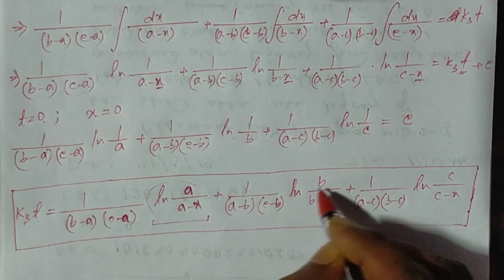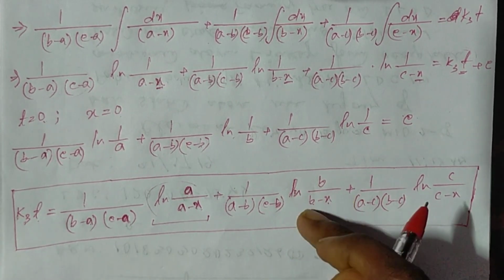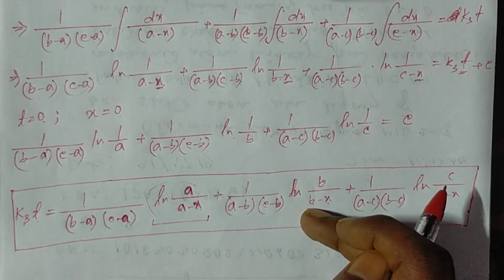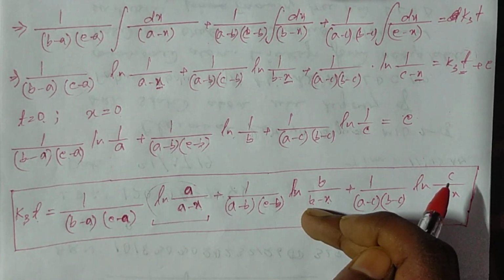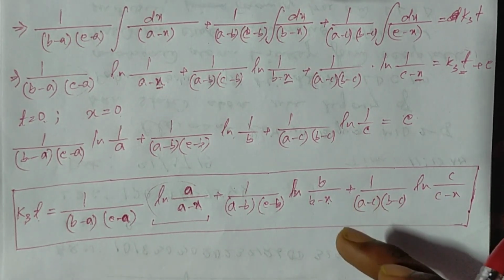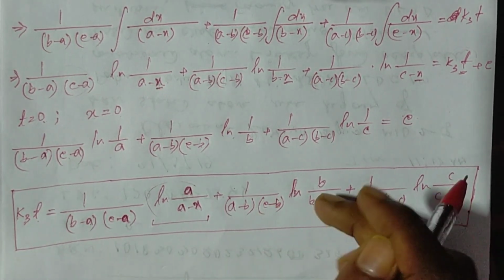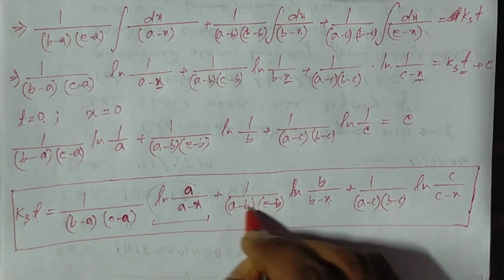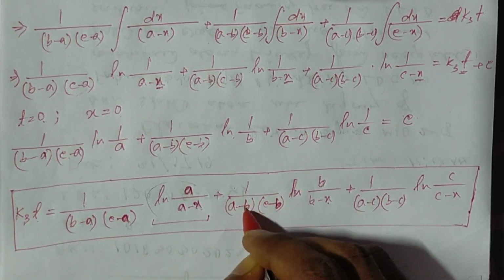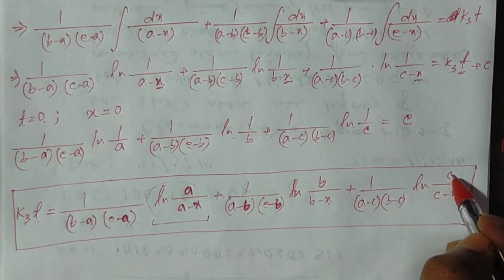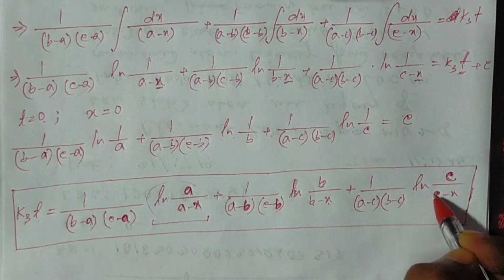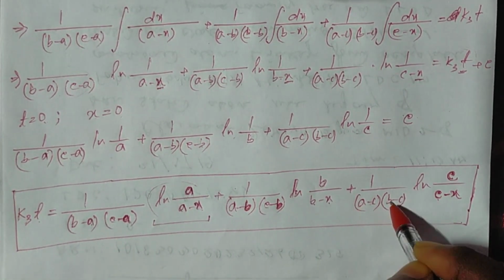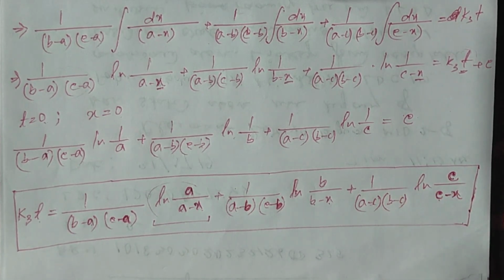And here it is also ln B by (B minus x), which is similar to the first order reaction, where the equation was kt equal to ln B by (B minus x), or A by (A minus x), or C by (C minus x). Just as you write B here, it will be (A minus B)(C minus B). Similarly in the case of C: if you write C here, it will be (A minus C)(B minus C), and this part is similar to the first order reaction.